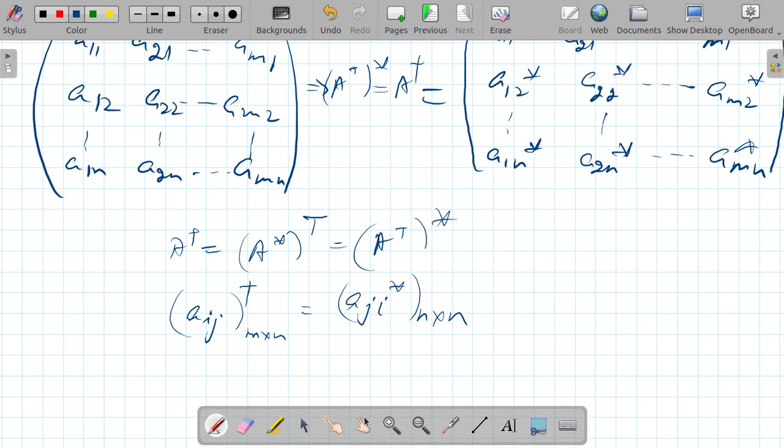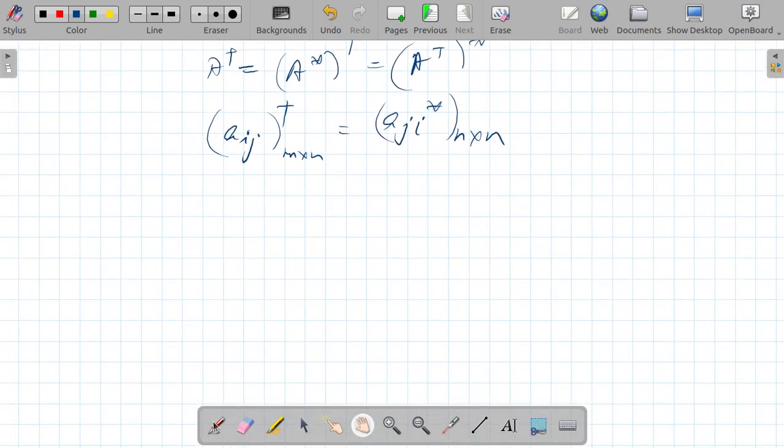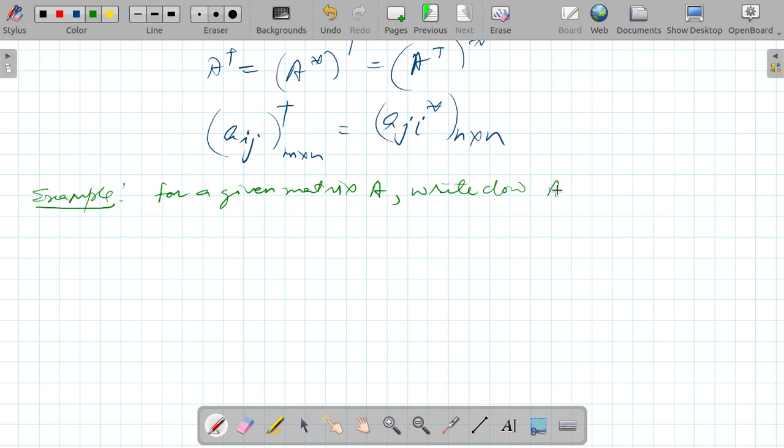Now let us try to understand this by taking an example. So let us take an example. For a given matrix A, write down A star, A T, and A dagger, right?